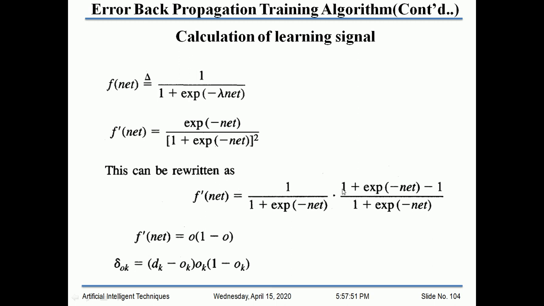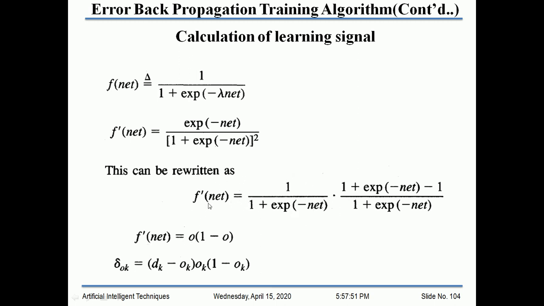Add and subtract 1 in the numerator of this term: (1 plus exponential of minus net minus 1) by (1 plus exponential of minus net). Why have I written it in this way? See here, 1 by (1 plus exponential of minus net) is nothing but f of net, which is nothing but the output.